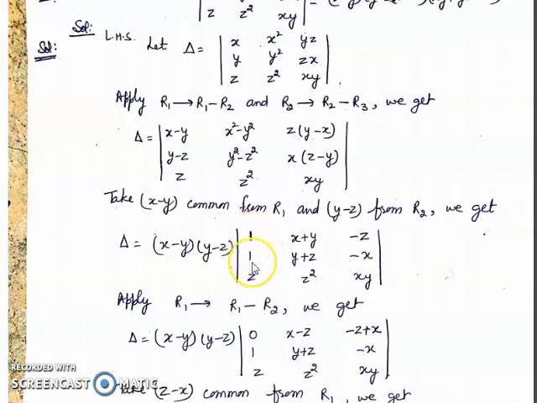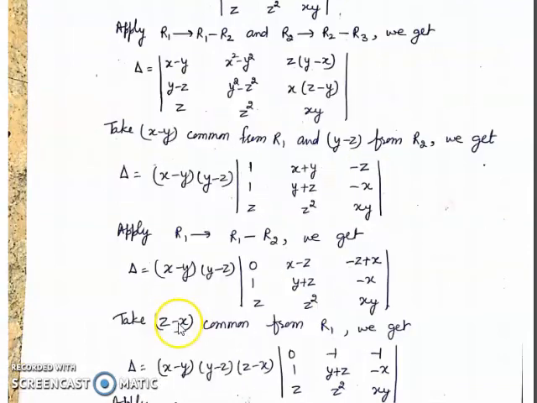So we apply R1 minus R2 in row 1. It gives us 1 minus 1 is 0, x plus y minus y plus z. So y is cancelled out. X minus z and minus plus x. Row 2 and row 3 remain the same.